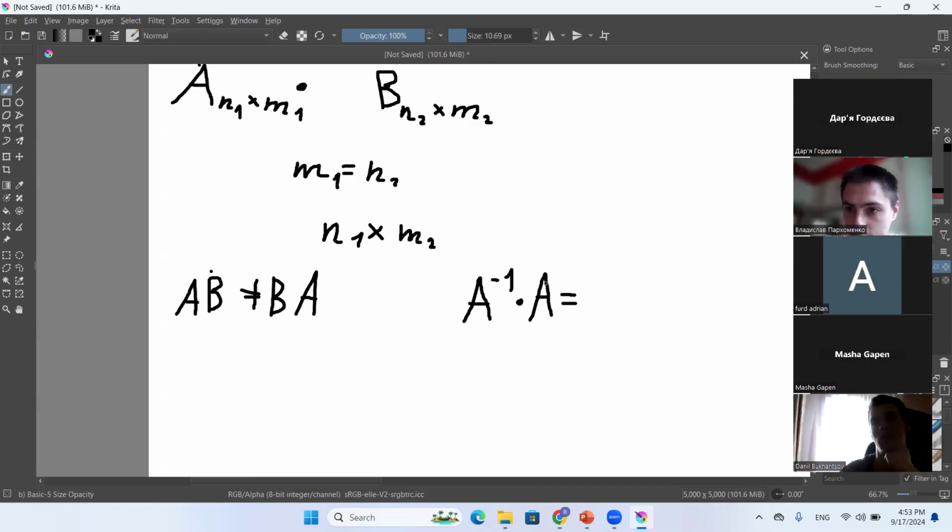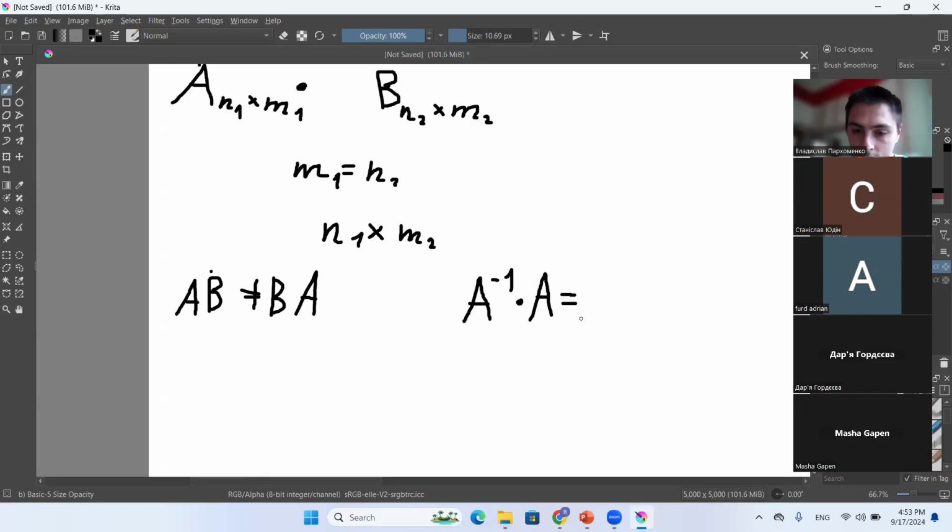Identity matrix. Okay, Daria, continue answering. Multiplying these matrices, we will get an E matrix, which means identity matrix. It is a matrix which has the number 1 on the main diagonal and other numbers equal to 0, for example with 3 rows and 3 columns.